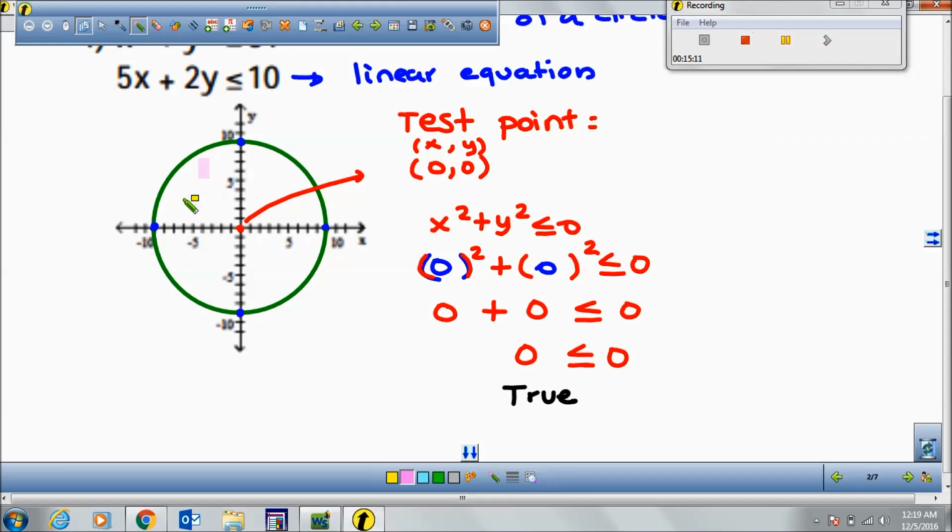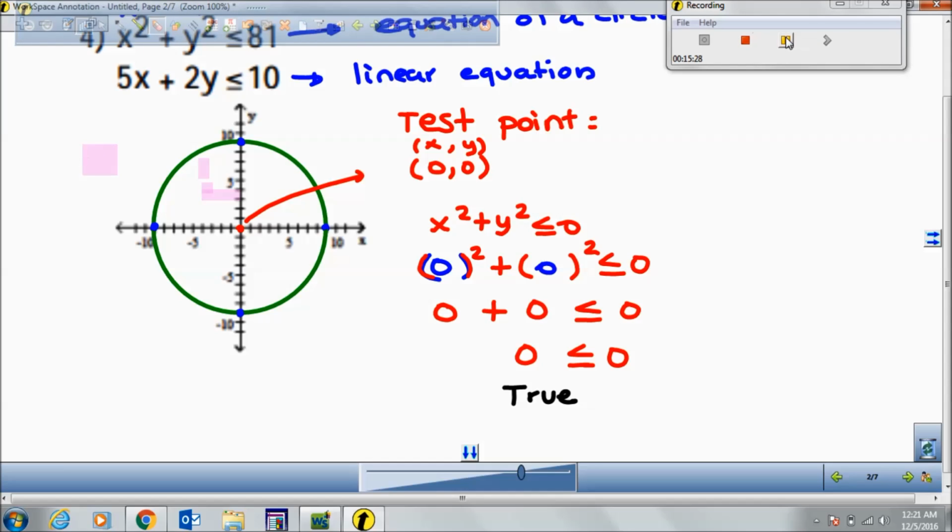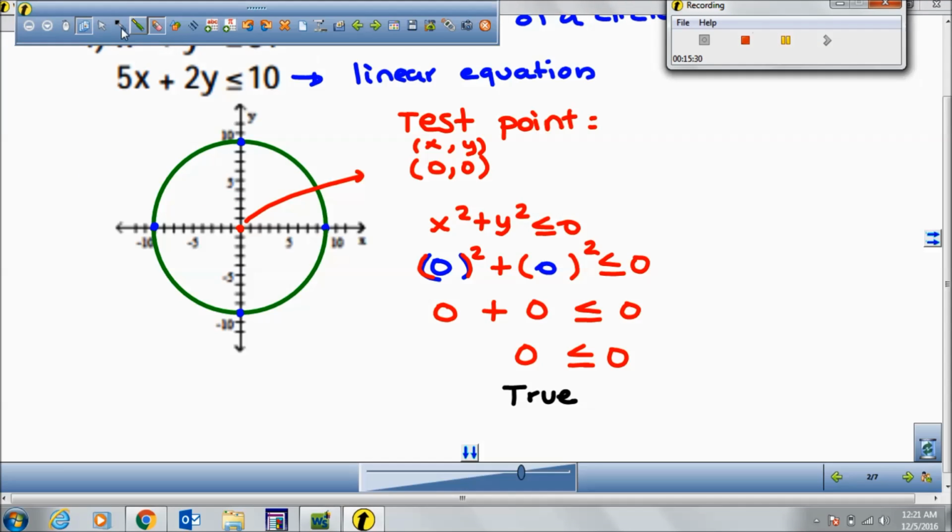Why is it not shading? Why is it shading like this? Okay, I think I figured it out. Let me erase this. Okay, let's see.